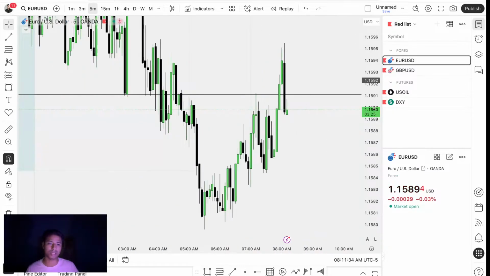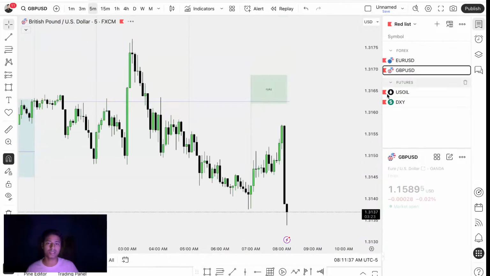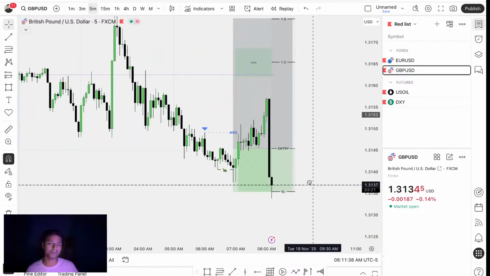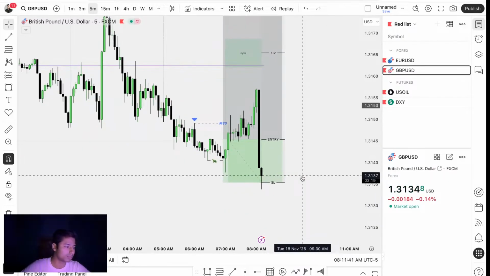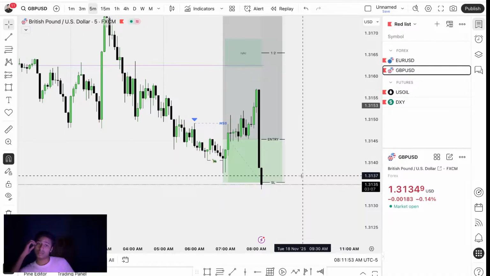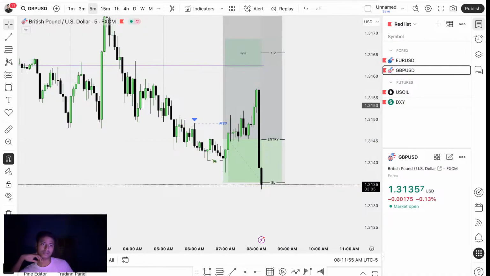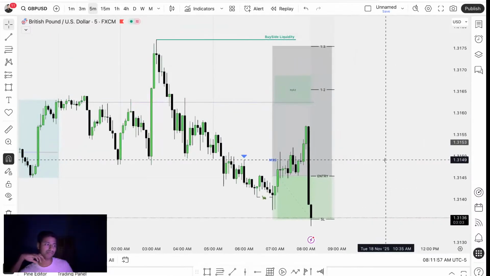Now we are not seeing any. So this might be a liquidity sweep, you know. Just simply watching, let it do whatever it wants to do.